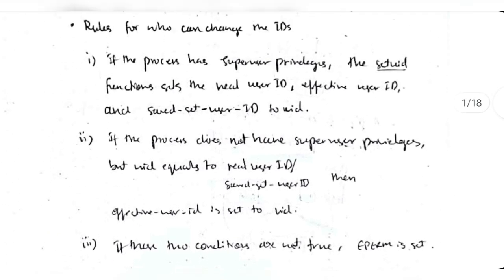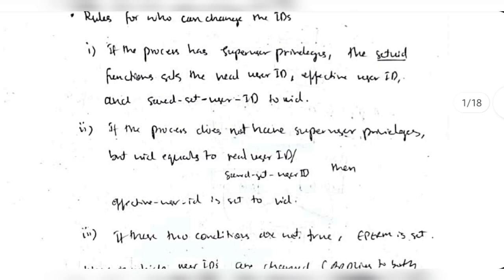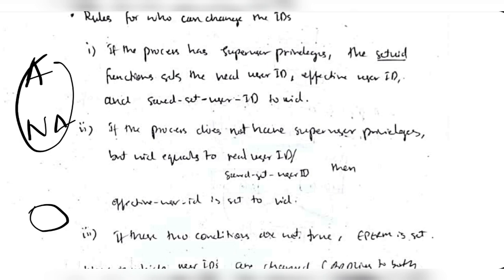So let's revise the rules. In the first rule, either the person will be admin or not admin. If he is not admin, we still have categories: UID may not be equal to these two, and in that case we go to the third case.